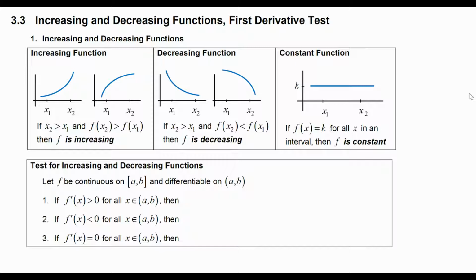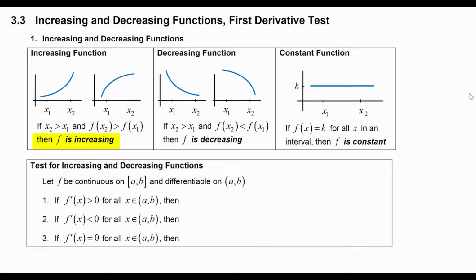I have pictures of increasing functions, and both of them are increasing. This is the definition of an increasing function. If x2 is greater than x1 and f of x2 is also greater than f of x1, then f is increasing. What does that mean?